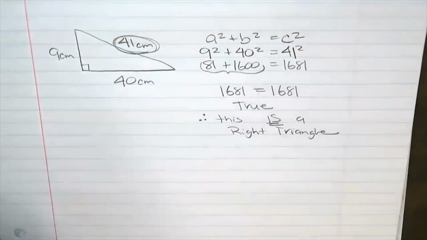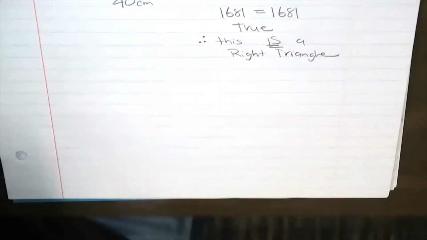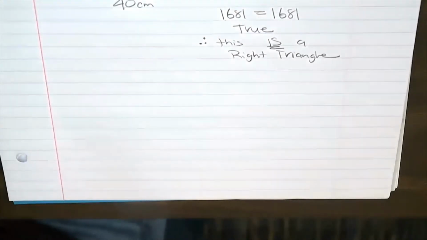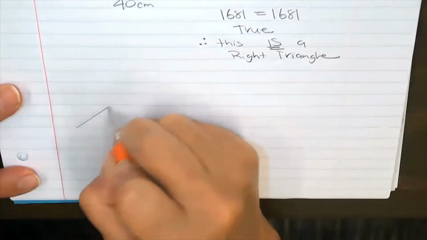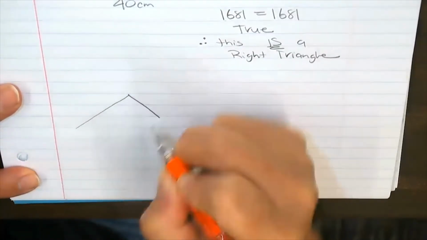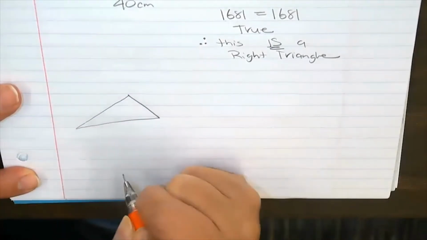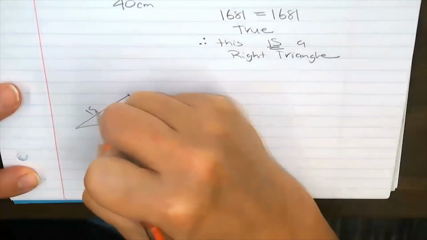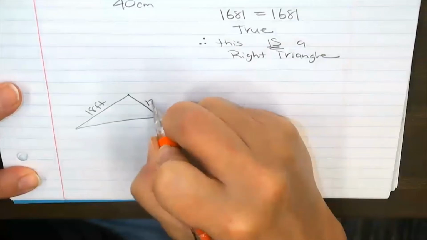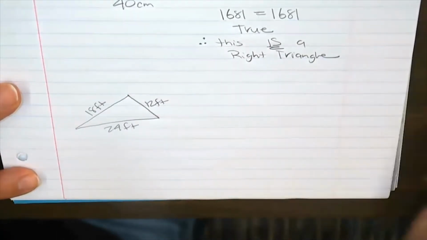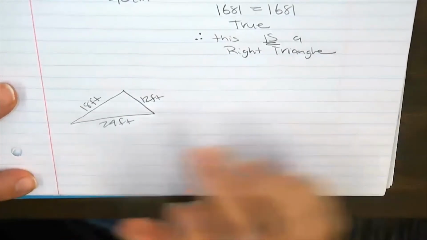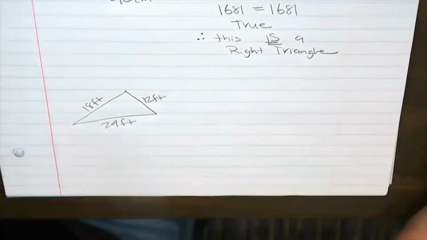Let's do another example. Okay, the book's given us a triangle that looks like this. And they've given us the measurements 18 feet, 12 feet, and 24 feet. And they're asking us, is this a right triangle?